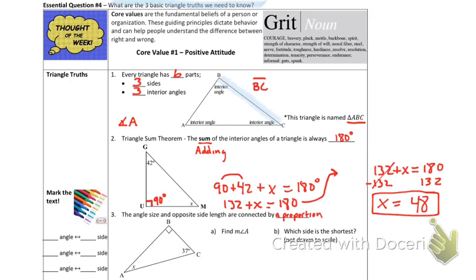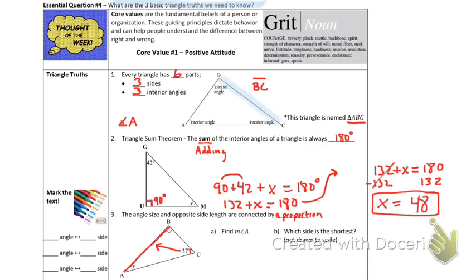So side AB is opposite angle 37. These two pieces of a triangle have a specific relationship. They're proportional.